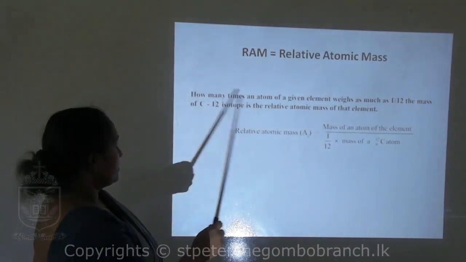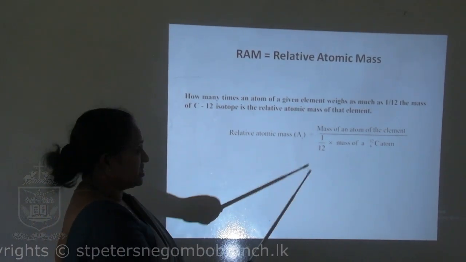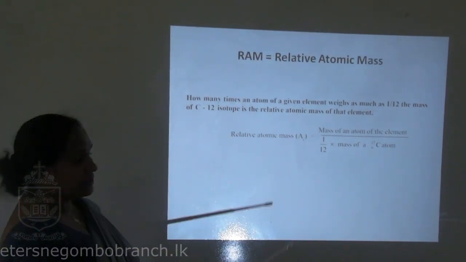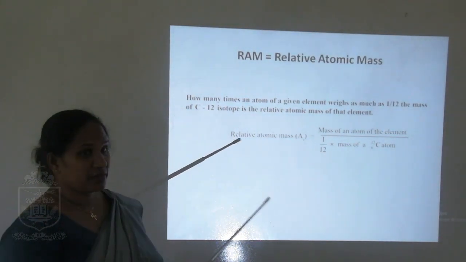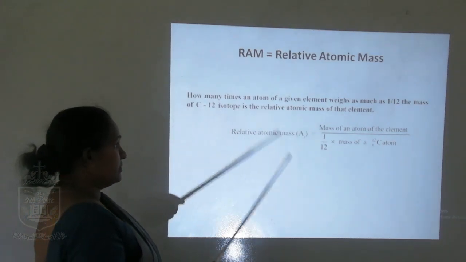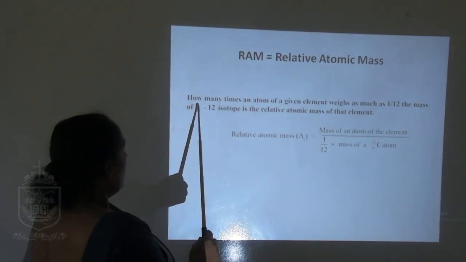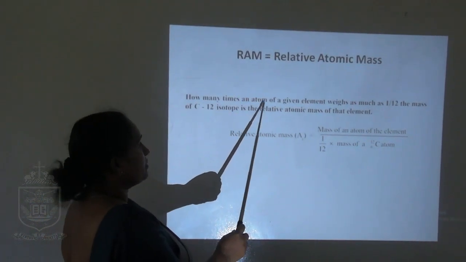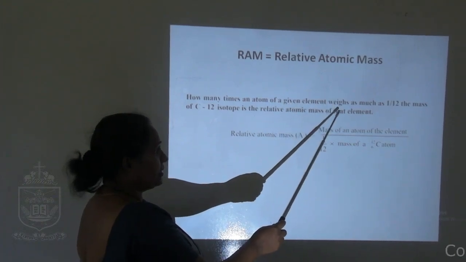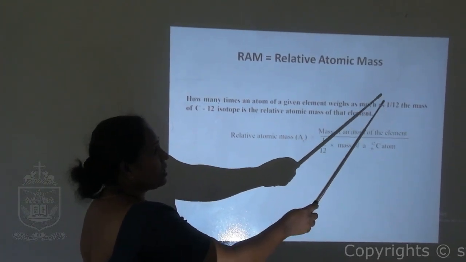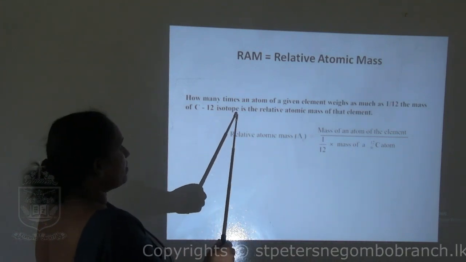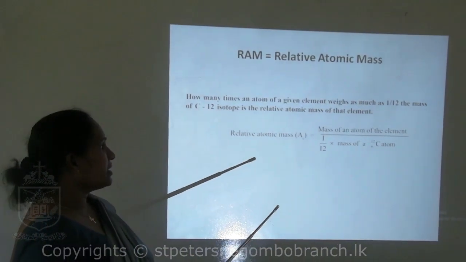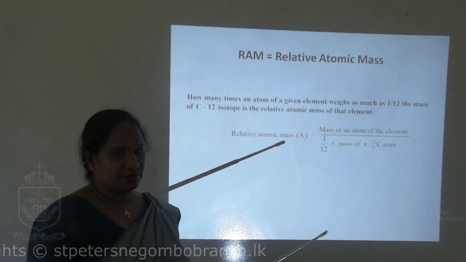Right, here is the definition given, and this is the equation. We'll see the definition first. You have to learn it by heart, right? There's no other method. You should know these. We'll see the definition: how many times an atom of a given element weighs as much as 1/12 the mass of carbon-12 isotope is the relative atomic mass of that element.